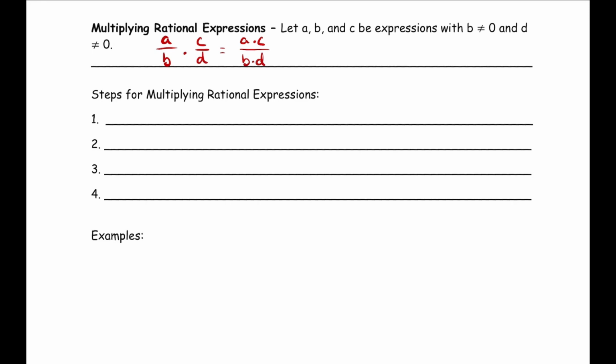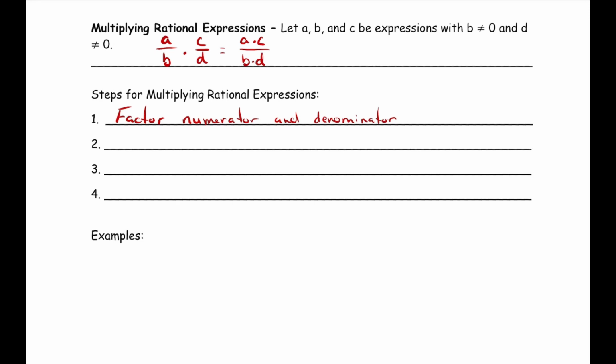We just multiply the numerators and multiply the denominators. So, steps for multiplying rational expressions. We're again going to start off by factoring. So we're going to factor both the numerator and the denominator again. So again, factor the top and bottom.